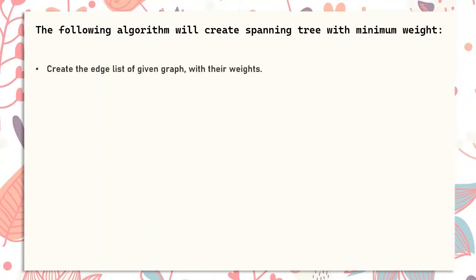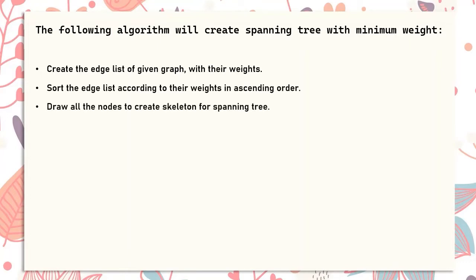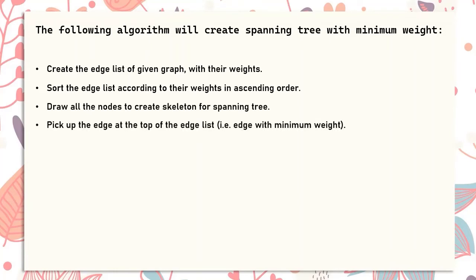Now let's go through the steps of the algorithm. First step: create the edge list of whatever graph is given, with their weights. Second step: sort the edge list according to their weights in ascending order. Third step: draw all the nodes to create a skeleton for the spanning tree. Fourth step: pick the edge at the top of the edge list, which is the edge with the least weight.